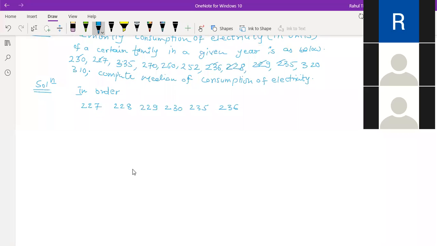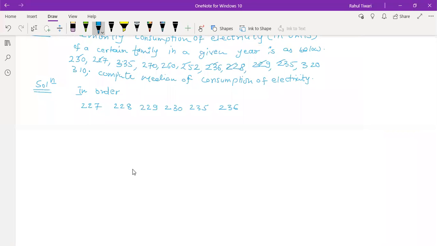Then 252, then 260, 270. Then 310, 320, 330, and finally 335.